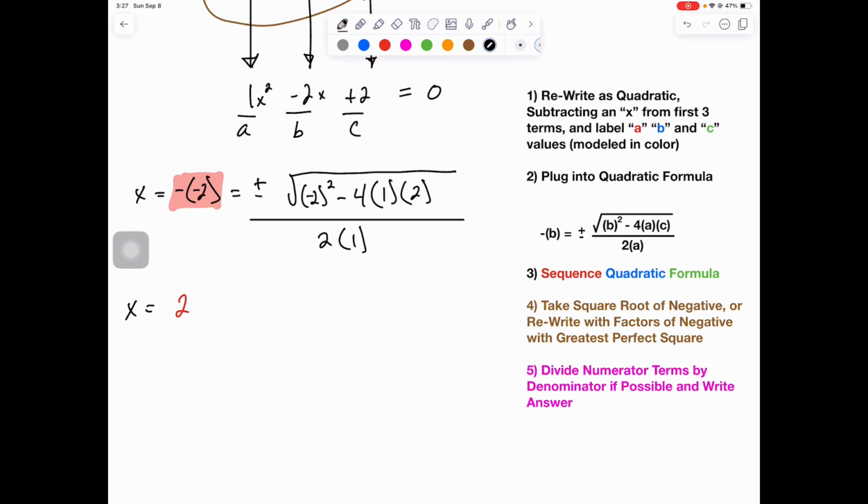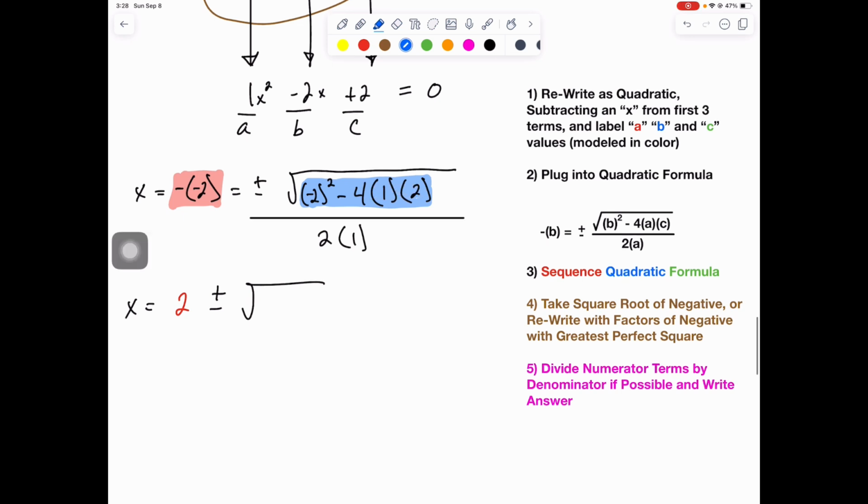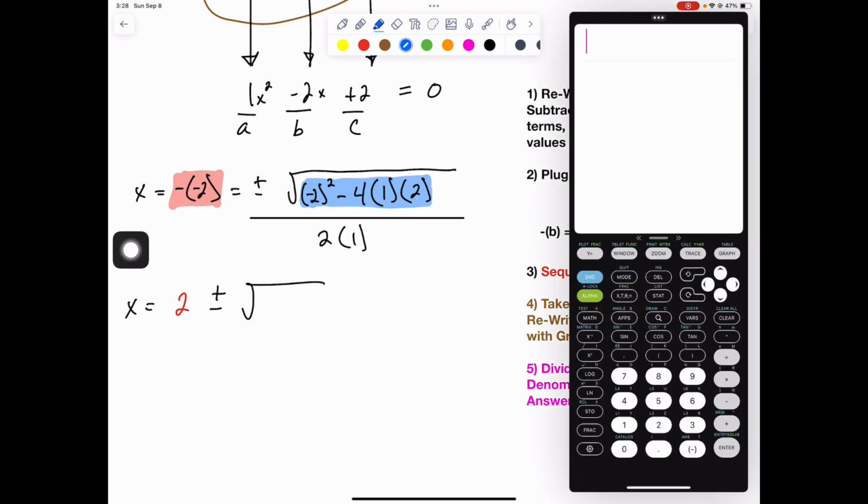So x equals 2 plus minus, we will open up a square root. And then in our calculator, I'm going to do what I highlight in blue. Now I didn't highlight our radical here, so that means we're going to keep it, and that's why I wrote it here. And then we're just going to enter this into our calculator, like so.